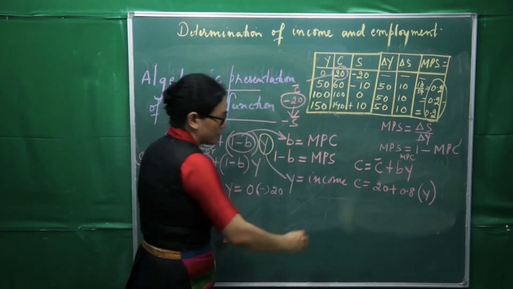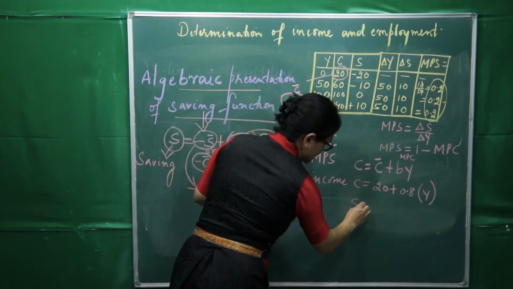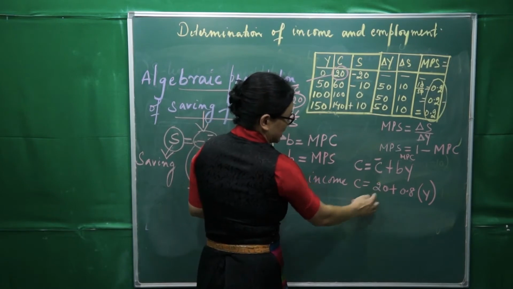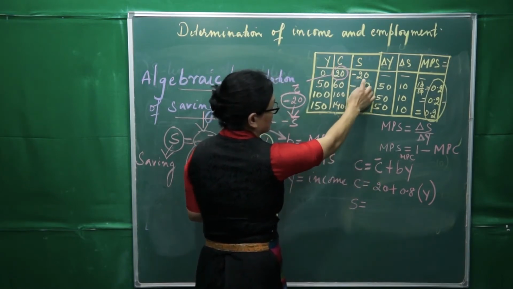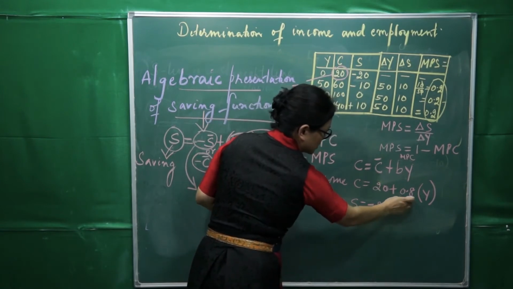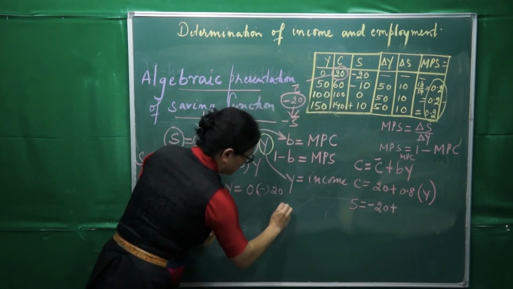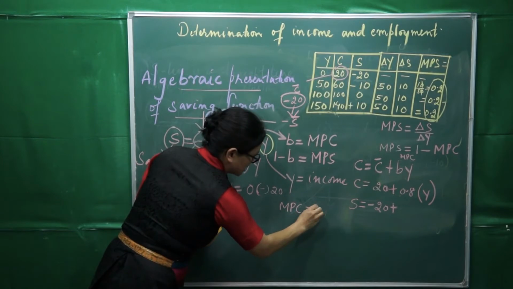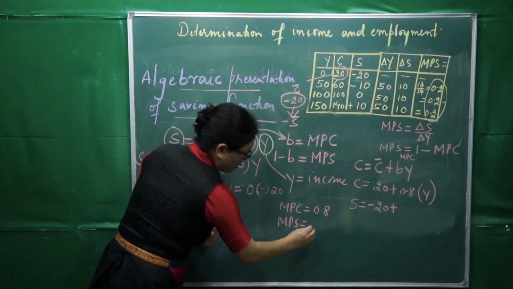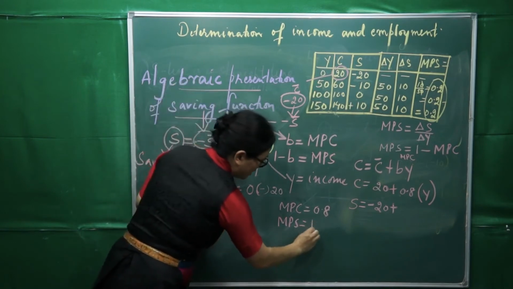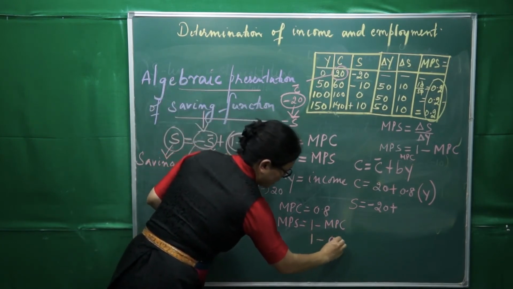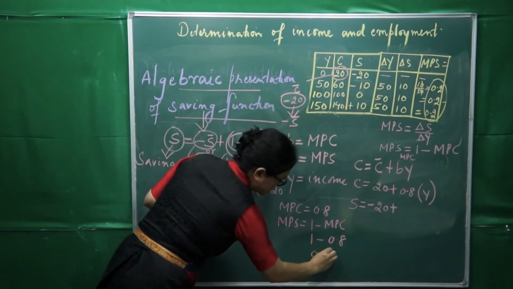Now using this one, we can derive the saving function. S is equal to, now what is S? C bar is 20, so S will be minus 20, plus MPS. MPC is 0.8, so MPS is 1 minus MPC, 1 minus 0.8, which is 0.2.